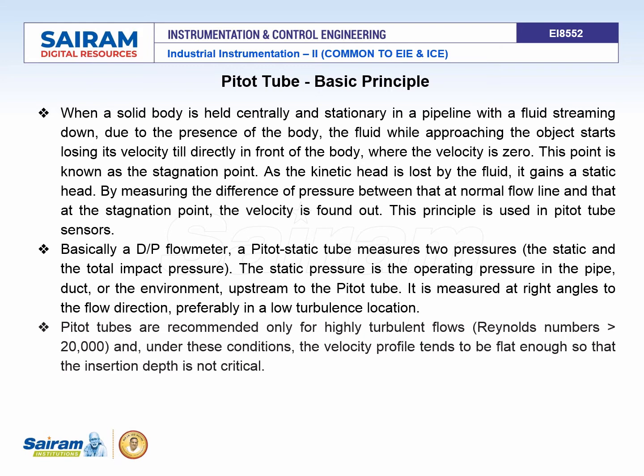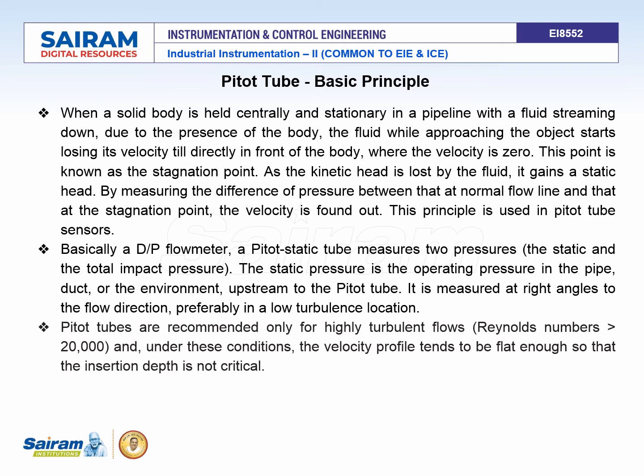This point is known as the stagnation point. As the kinetic head is lost by the fluid, it gains a static head. So by measuring the difference of pressure between the normal flow line and the stagnation point, the velocity is found out. This principle is used in pitot tube sensors.